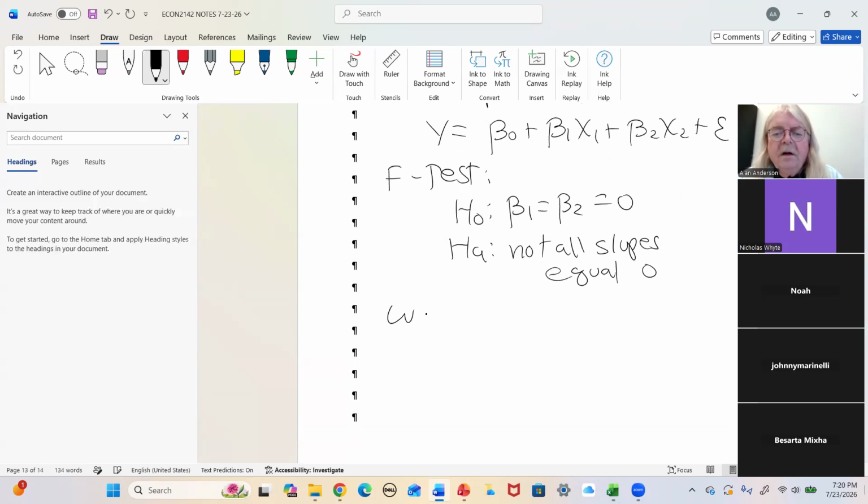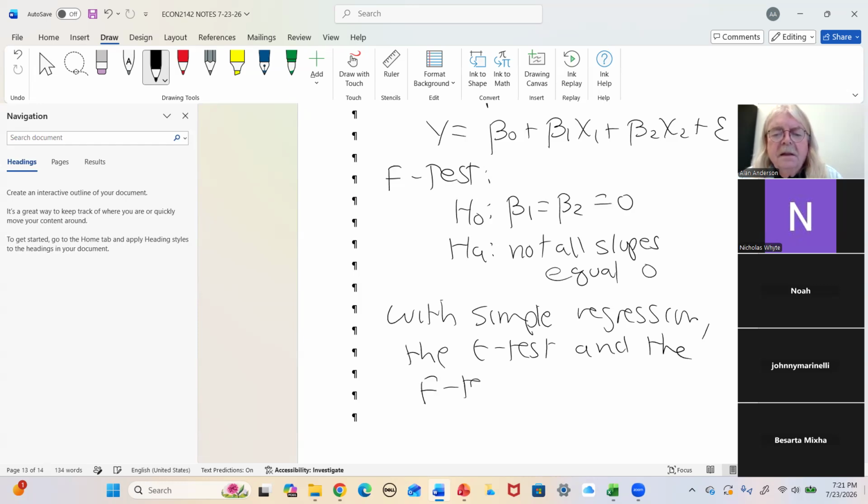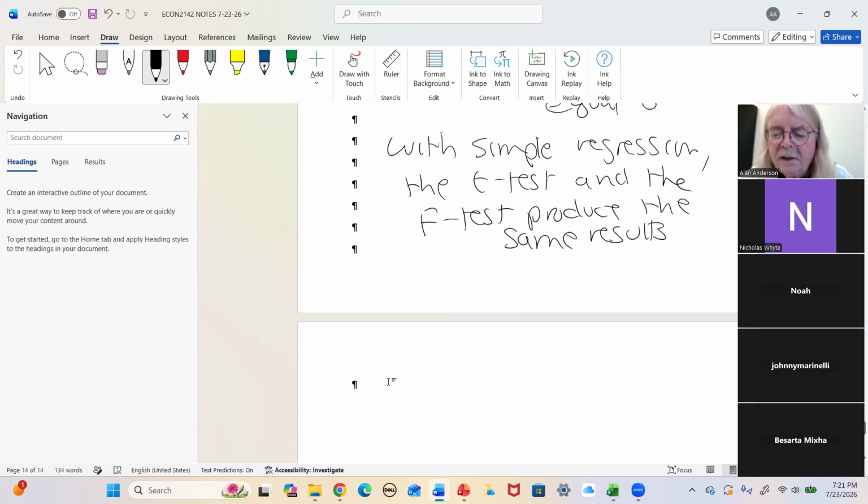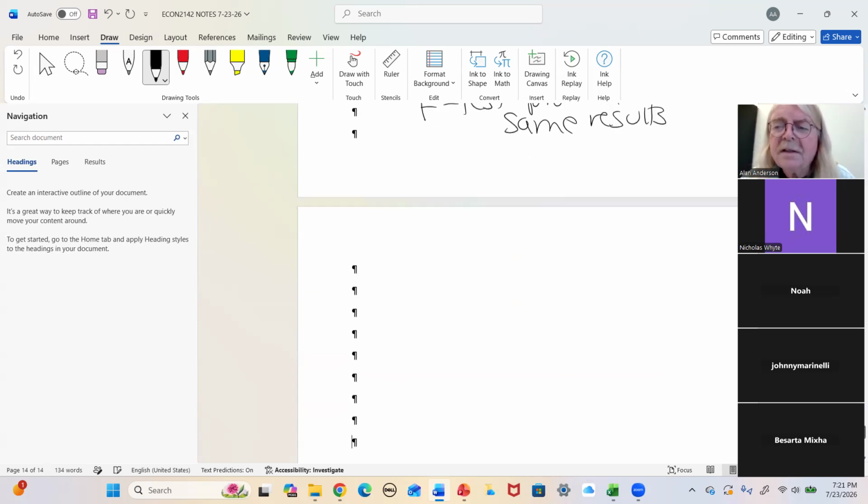But with simple regression, the f-test and the t-test produce the same results. So I'm kind of surprised to see this mixed in here because normally you'd think they'd save it for chapter 15, but let's take a look and see what they've got.